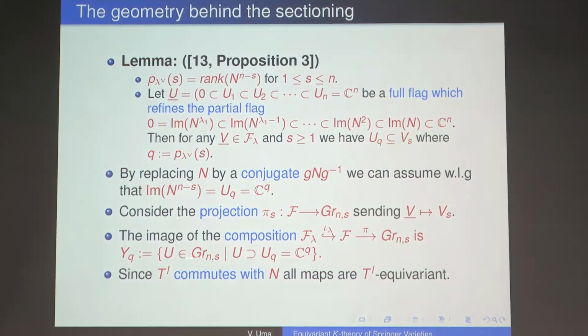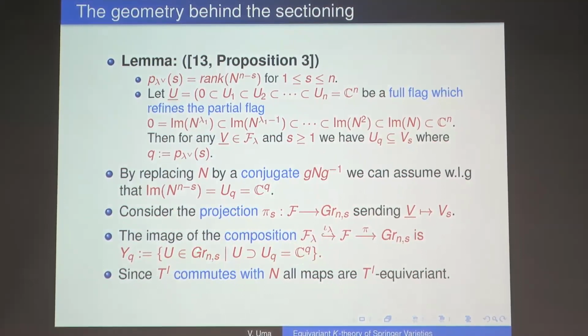So that is a Schubert variety in the Grassmannian, given by this condition. This is also a smaller Grassmannian, but we just need this definition.